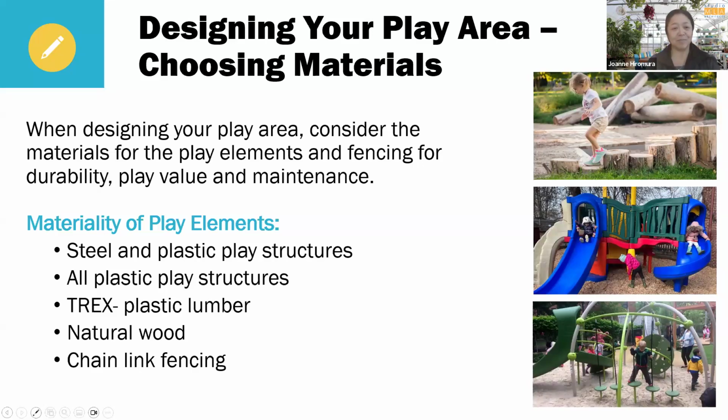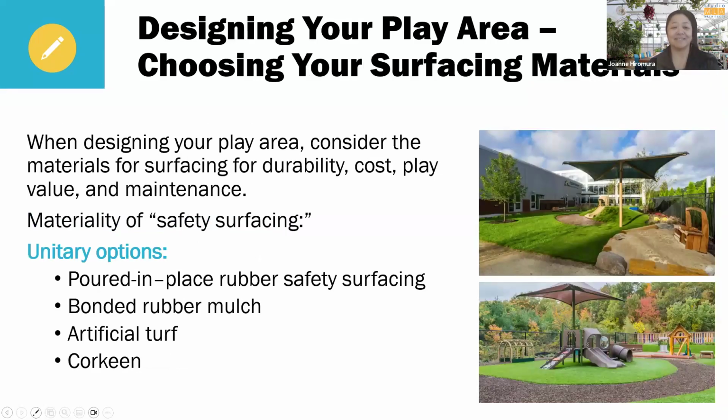Next we're going to talk about choosing materials for your surfacing, which is the next slide. Okay, so when you're thinking about surfacing and you have play equipment that has a fall height, you'll need to install playground safety surfacing within the use zone of the piece of play equipment, and the manufacturer will let you know where that use zone is.